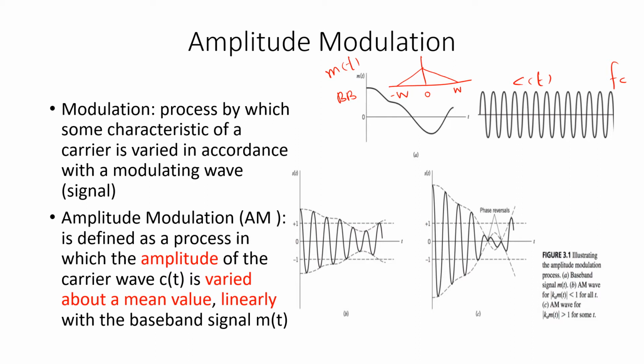So you can see the variation in amplitude is linear. The variation in amplitude here is exactly in accordance with the message signal, exactly proportional to it, and this variation is around a mean value. For instance, in this case, if we assume the carrier amplitude is equal to 1, the modulated signal amplitude is varying around this mean value. You can see this dotted line.